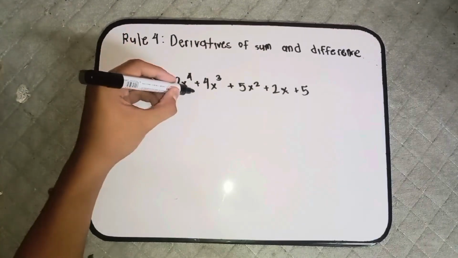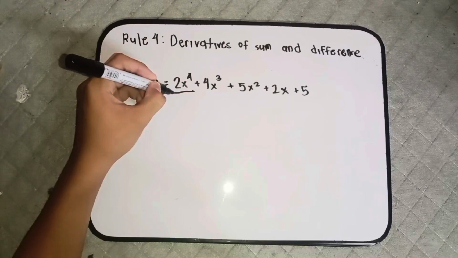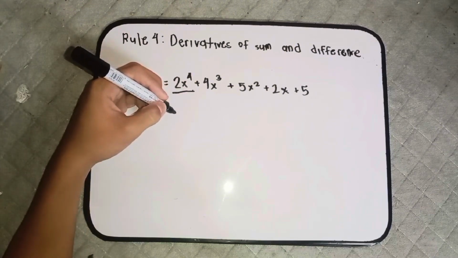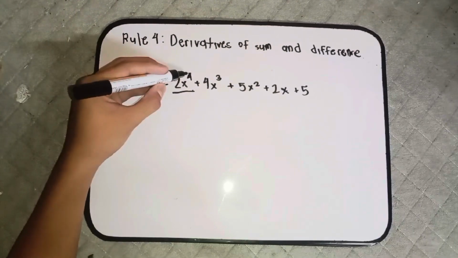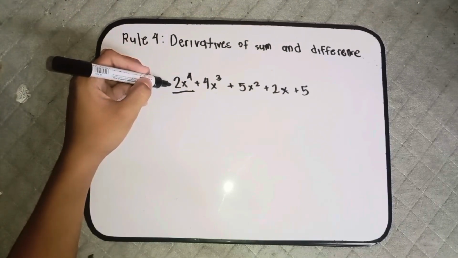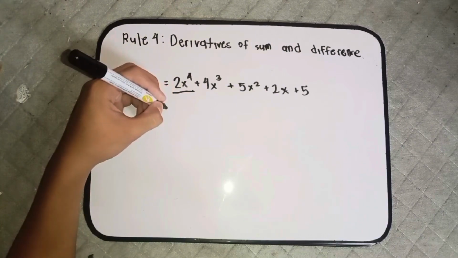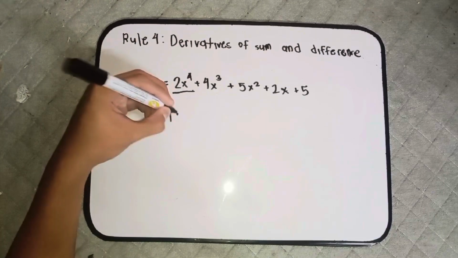First, let's try finding the derivative of 2x raised to 4. As stated in rule number 2, the power rule, all we have to do is multiply the exponent by the number inside the variable and subtract the exponent by 1.